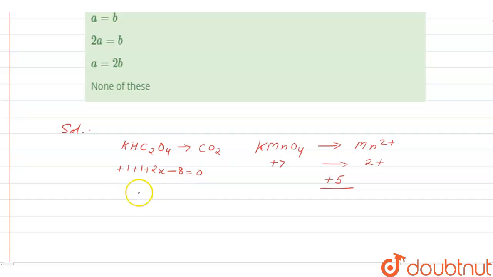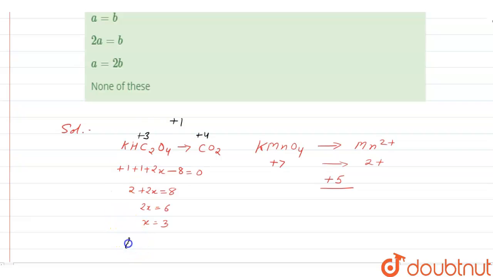So that will give us 2 + 2x = 8, or 2x = 6, or you can say x = 3. So we took out the oxidation state of carbon here, that is +3, and here the oxidation state of carbon is +4. So there is an overall change of +1 unit.